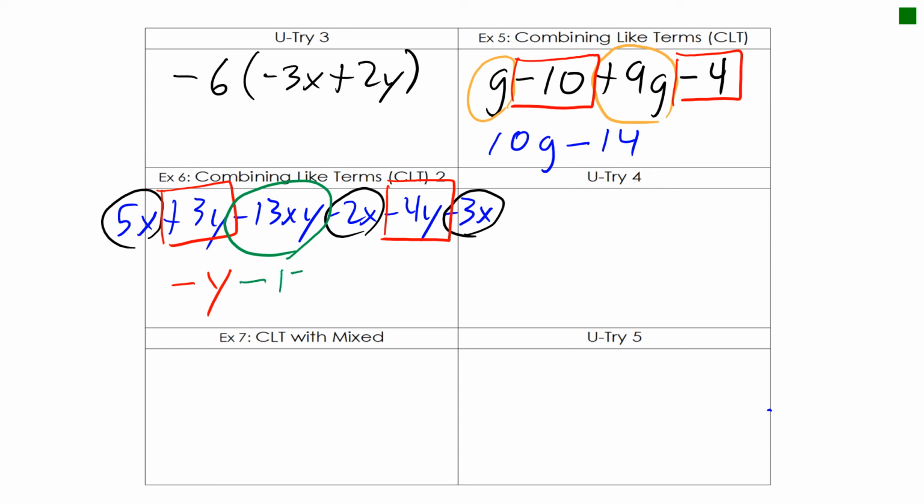So I'm going to add that -13xy on the end. Okay, combining like terms. Here's your U-try: -10 plus 4m minus 3 minus 8m plus 4.